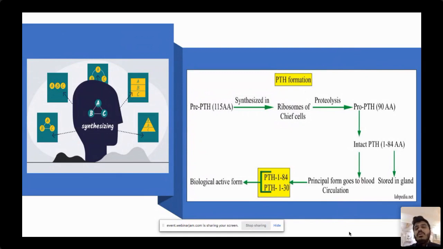Then this is converted to pro-parathyroid hormone, which is 90 amino acids. Then it is converted to intact parathyroid hormone, which is the principal form that goes to the blood circulation and functions to increase calcium level in the blood, and it is the biologically active form.